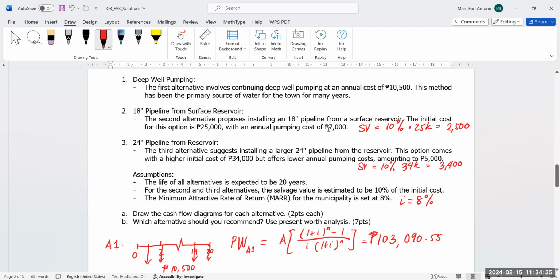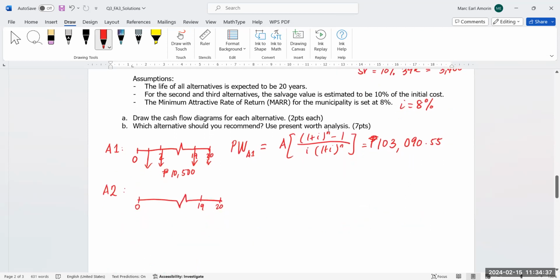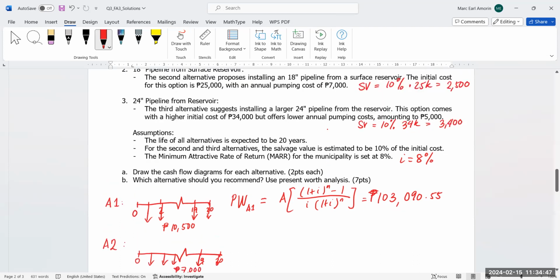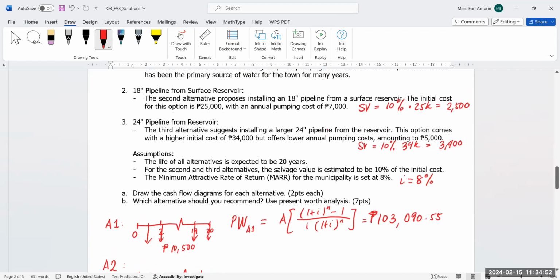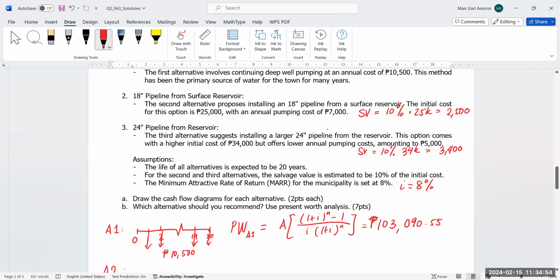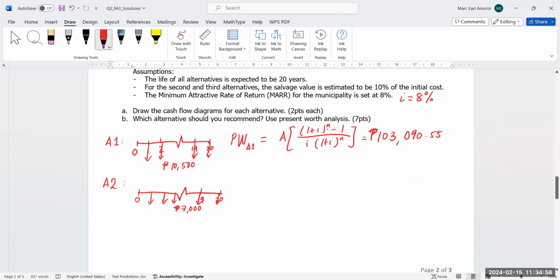Okay, so that's the annual pumping cost. So from year 1 up to year 20, you have a downward arrow of 7,000 pesos. And don't forget that we now have an initial cost. Okay? Since we will build an 18-inch pipeline. Okay? So the initial cost would be 25K. So that is placed at year 0.